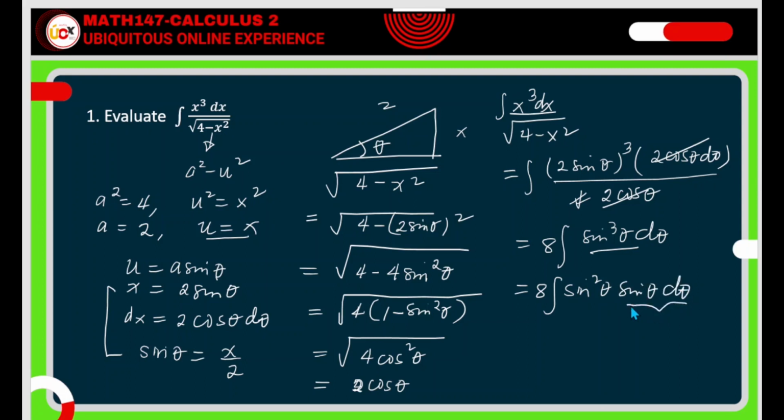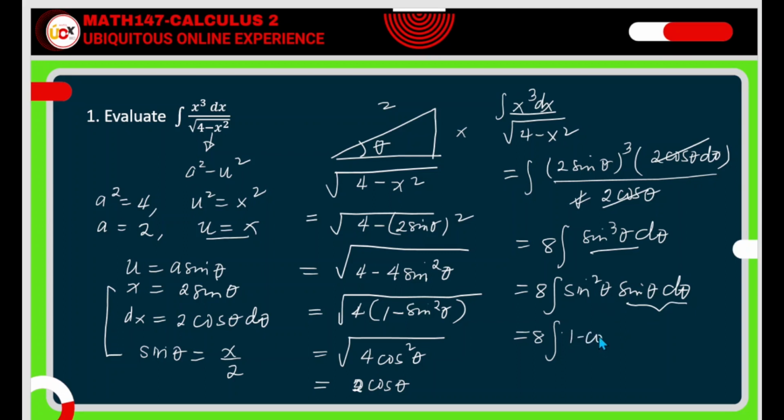So this sine theta will serve as du, because if we let u as cosine theta, then the derivative of cosine is sine theta. But because sine squared theta is not yet in the form of cosine squared, we use the identity sine squared theta plus cosine squared theta is equal to 1, and solve for sine squared theta.